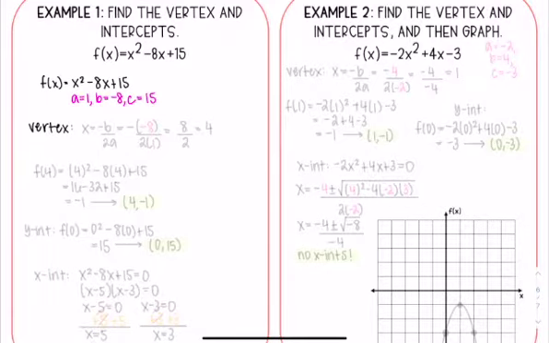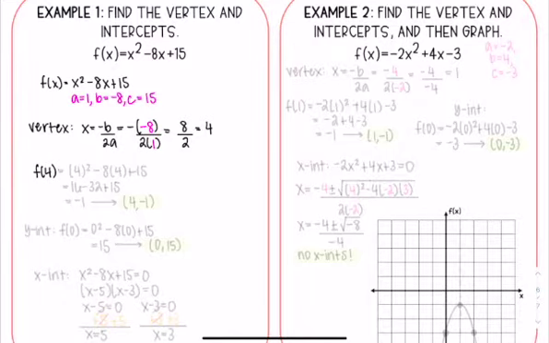So to find the vertex, first we look for x, which is negative b over 2a. So we have negative 8 all over 2 times 1, but the double negative becomes a positive 8 on the top with a 2 on the bottom, which just gives me 4. So what we want to do now is plug 4 into the function.